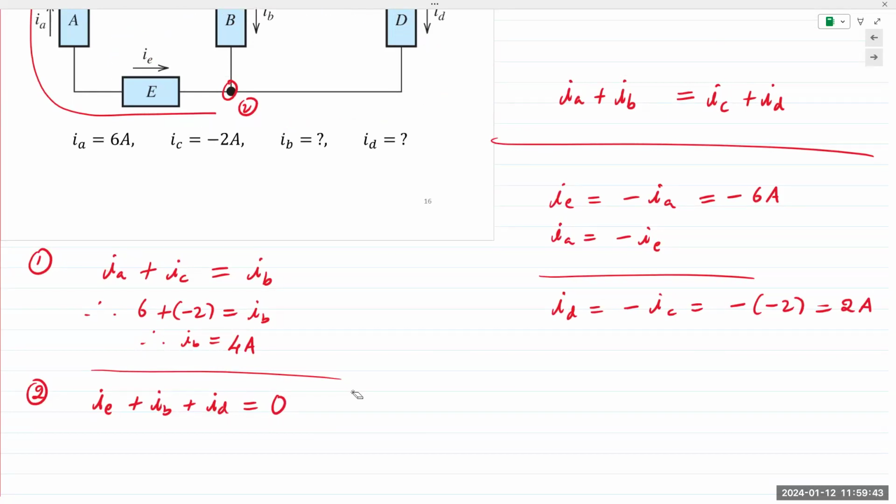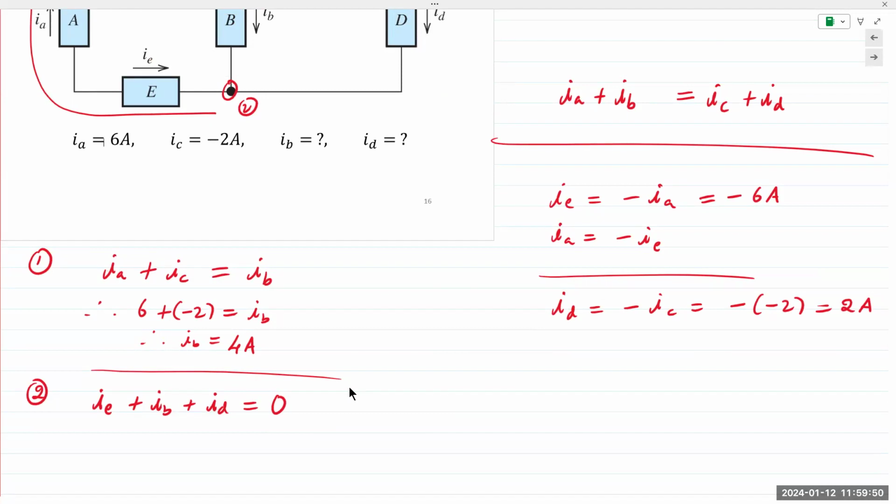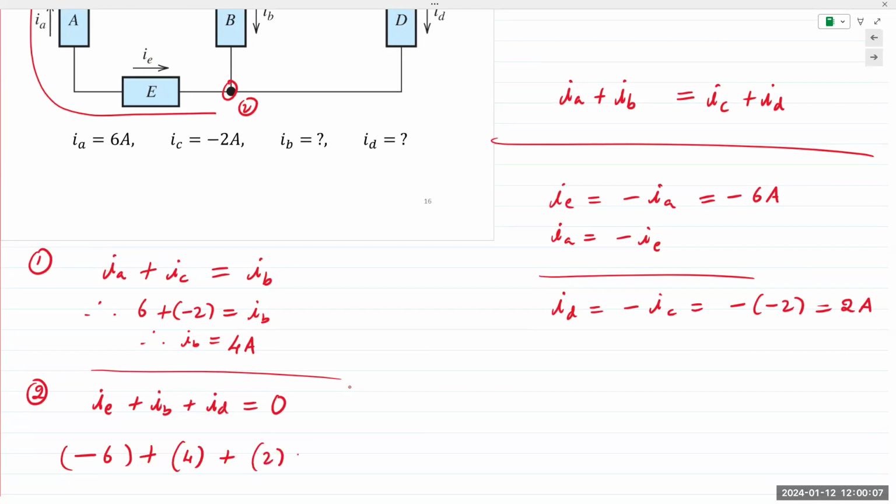You have IE, IB, and ID all entering the junction. Doesn't have to make physical sense, but it does make sense mathematically or analytically or theoretically, if you will. You plug in the values. IE is minus 6, IB is 4, ID is 2. Do they sum up to 0? Yes, KCL is verified. That's it.